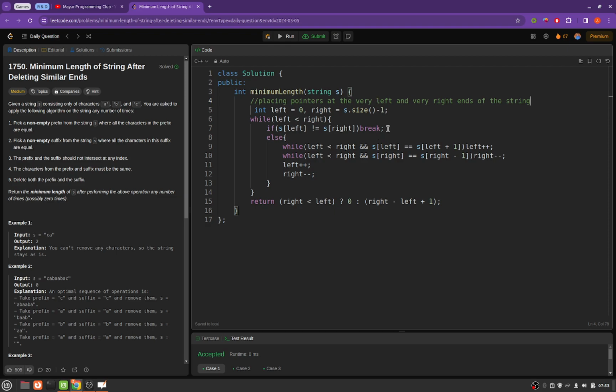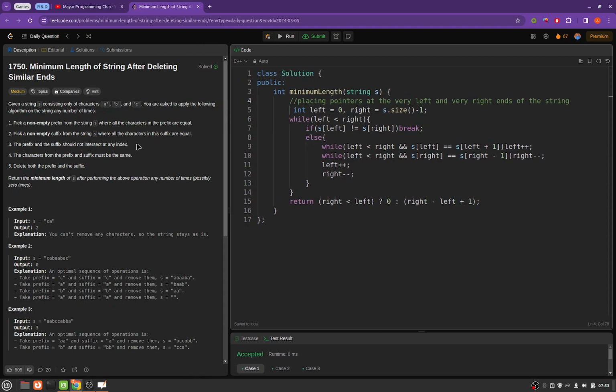There are certain termination conditions. First of all, there was a condition that prefix and suffix should not intersect. Okay, so it means that your left and right pointers cannot be at the same character. So your left and right should never be equal. Another condition that would lead to termination is characters pointed by left and right pointers are no longer matching.